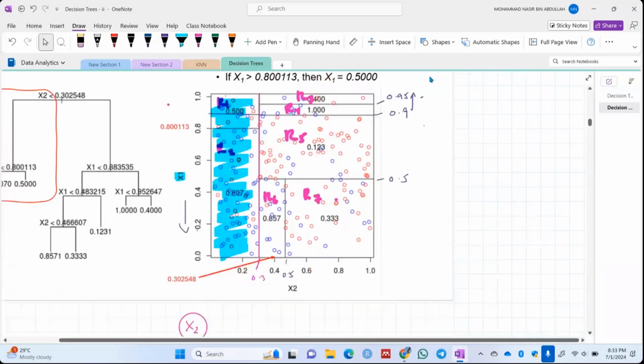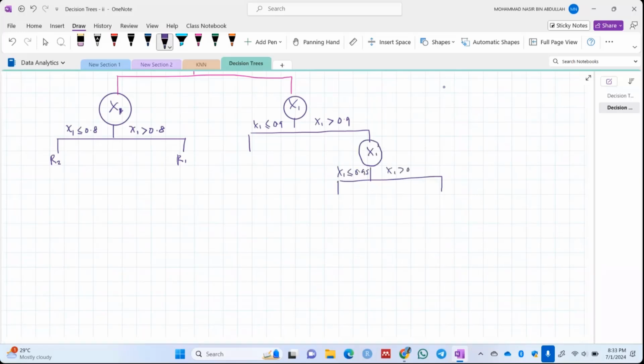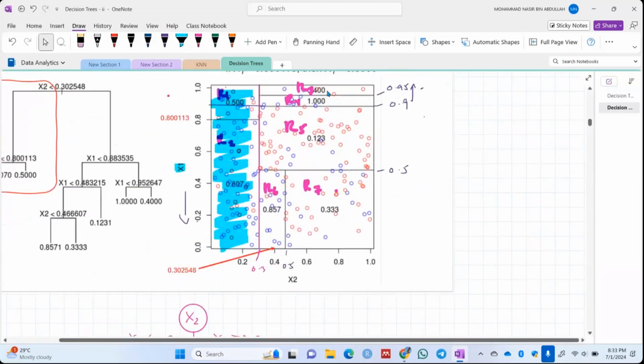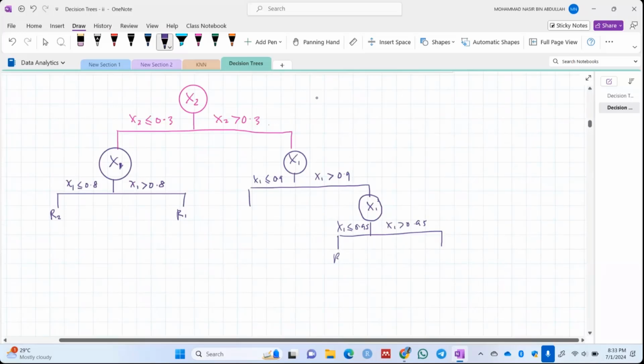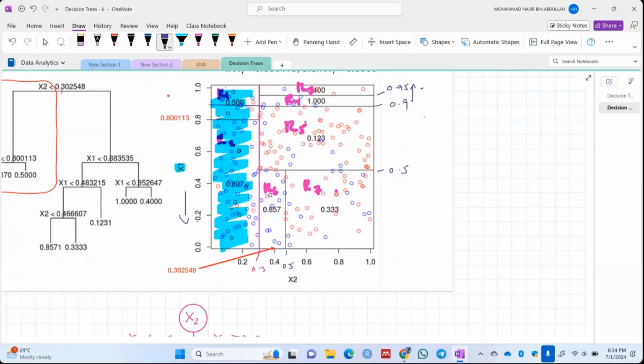So this one can be separated by another value, X1 less than 0.95 and X1 more than 0.95. Less than 0.95 is region number 4, more than 0.95 is region number 3. So this one is going to be region 4 and region 3. Okay? So now that is for more than 0.9.